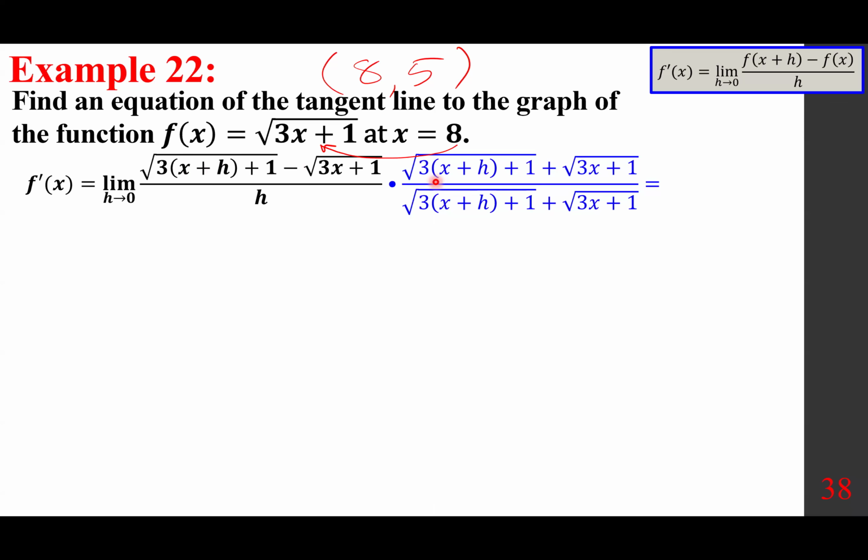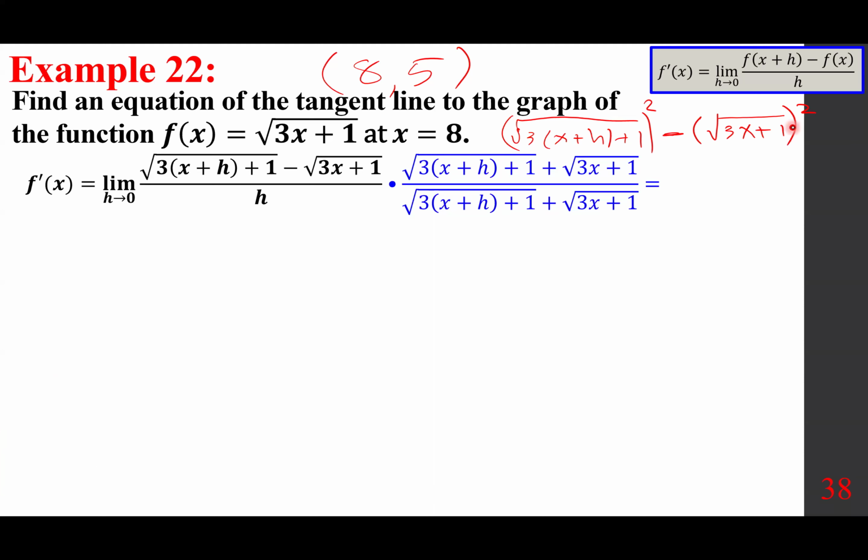So the result is a squared minus b squared. You square the first part minus you square the second part. So we get the first one squared up, put it up here: square root of 3 times x plus h plus 1, squared, minus square root of 3x plus 1, squared.